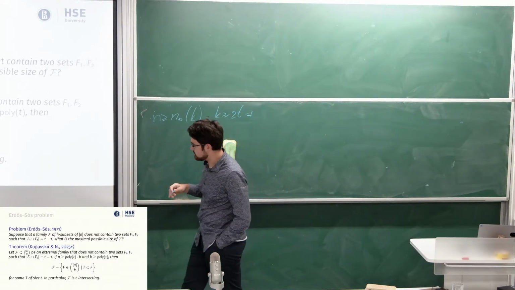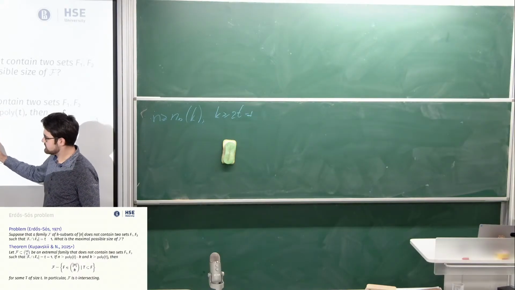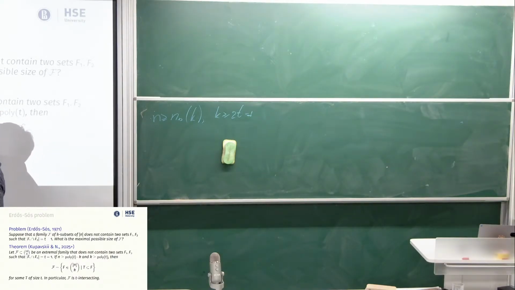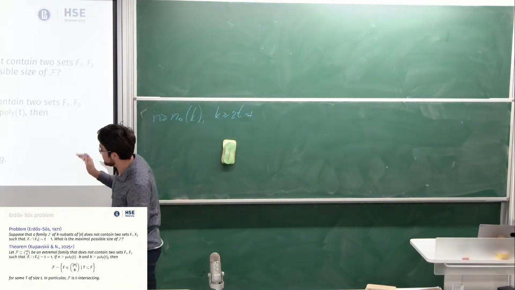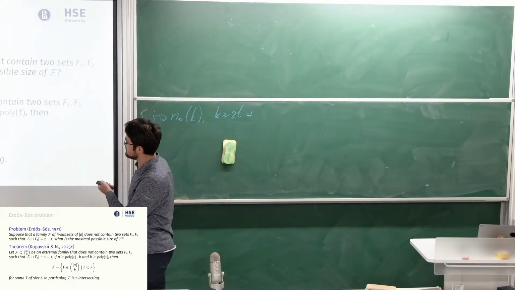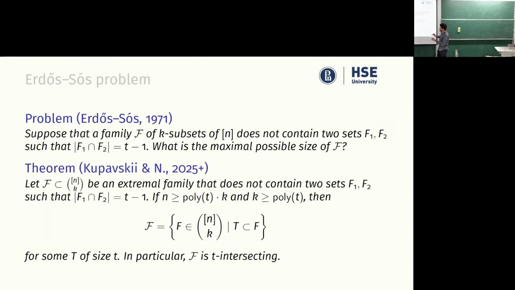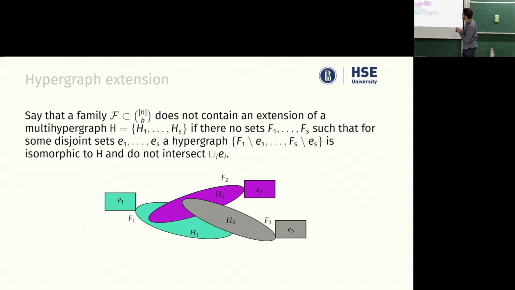But if we allow k to be polynomial in t, we can get the same result, relaxing our assumption on n. So it's nice to notice that this phenomenon is also very general. There are different regimes where we can obtain extremal results in hypergraph Turan-type problems, and these regimes are not fully comparable.